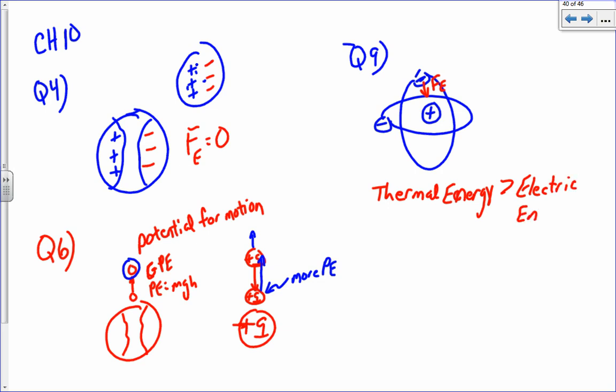And if you increase them to a high enough temperature, then the thermal energy put into those atoms will cause those electrons to be ejected, which doesn't happen at lower temperatures. All right, question 10.